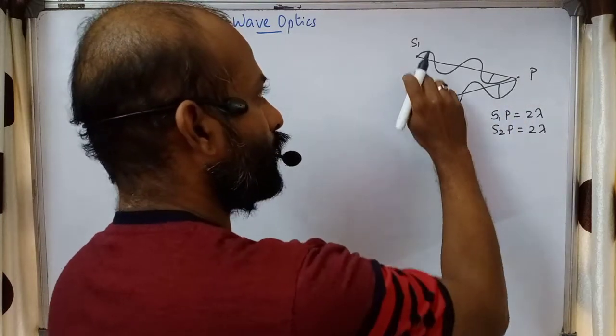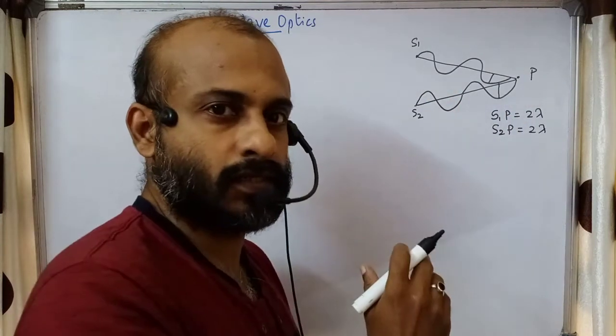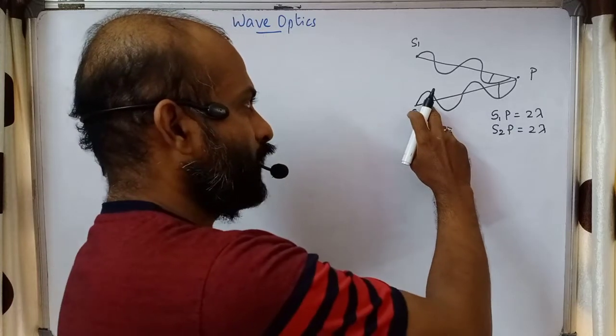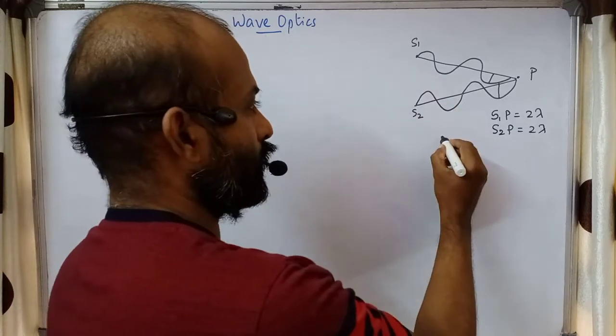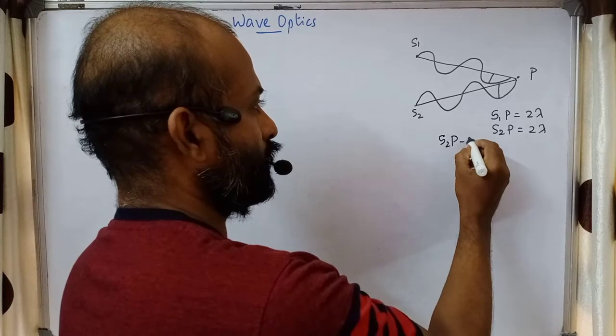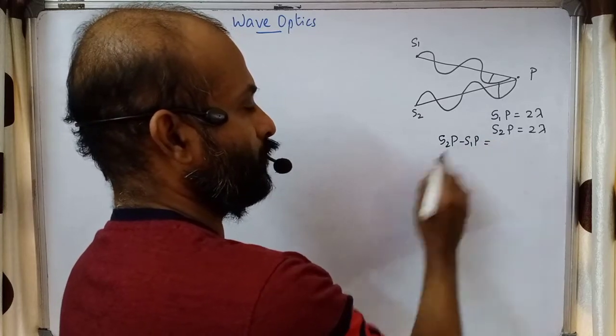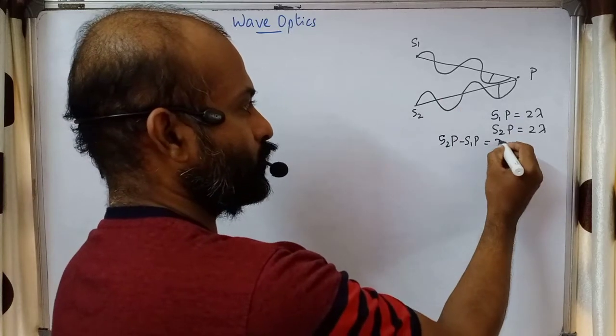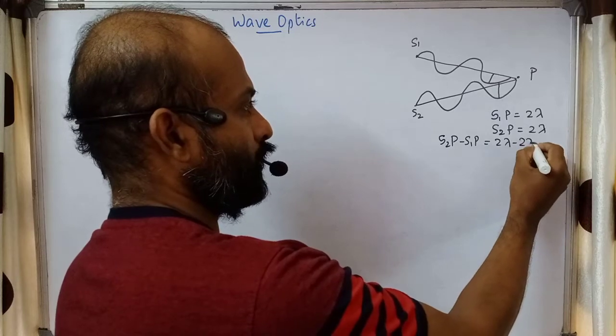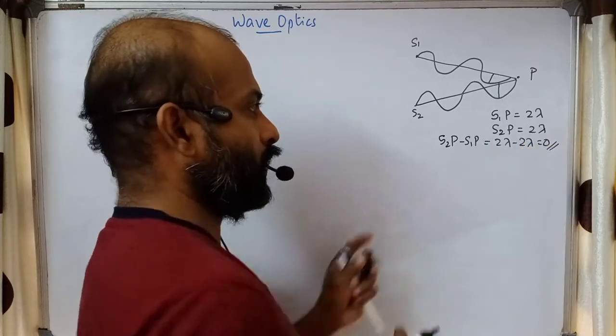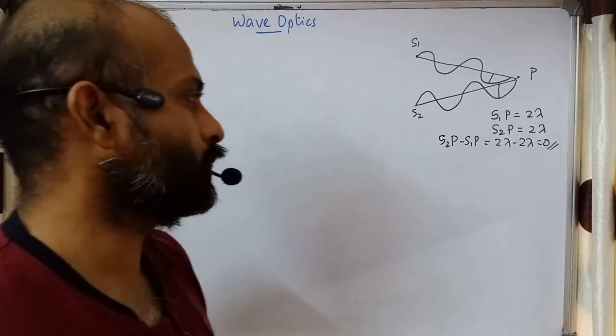Now we can say the path difference, the excess distance traveled by the waves, is S2P minus S1P. What will be the value? The path difference will be 2 lambda minus 2 lambda. It will be equal to 0.